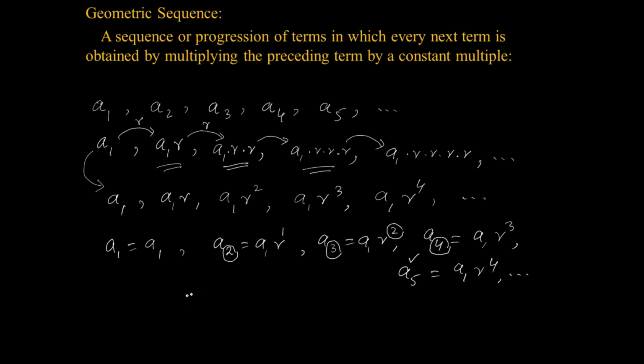So what we can deduce is, if an is the nth term, a1 is written in each term, and the power of r will be 1 less than n, which is n minus 1. So this is our formula to find any term in a geometric sequence, and this is known as the general formula for geometric sequence.